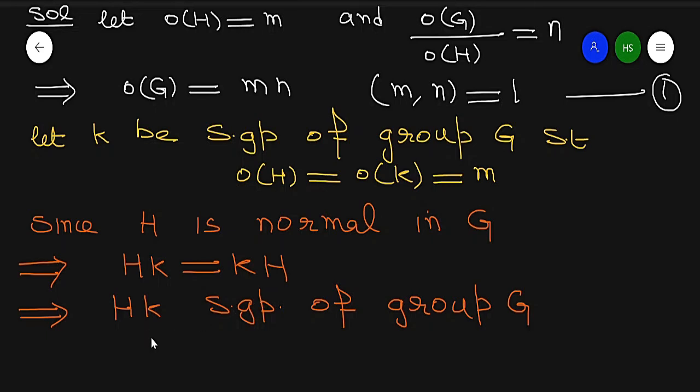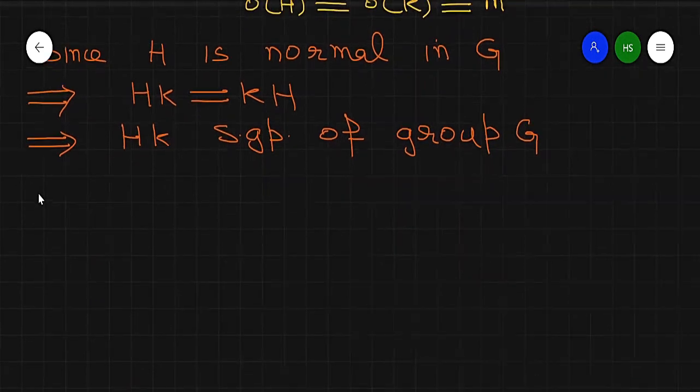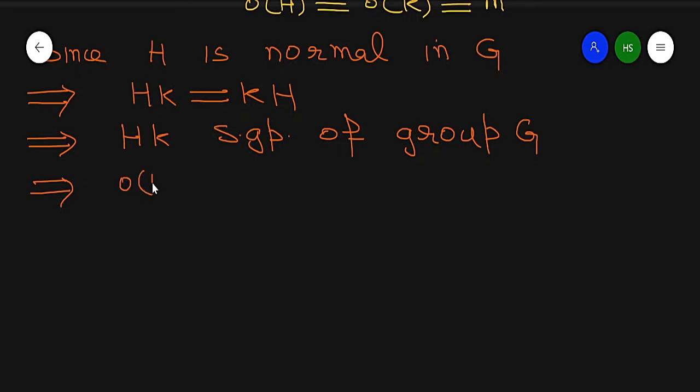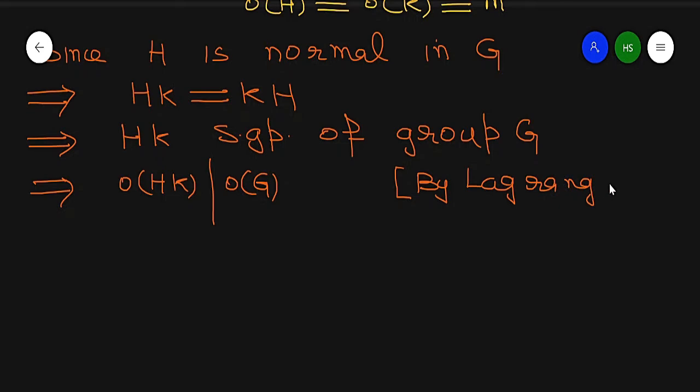If HK is a subgroup of the group G, then by Lagrange's theorem, the order of HK divides the order of G. So here write the name of the theorem that we used: by Lagrange's theorem, the order of HK divides the order of G. So in the given part, what is the order of HK?